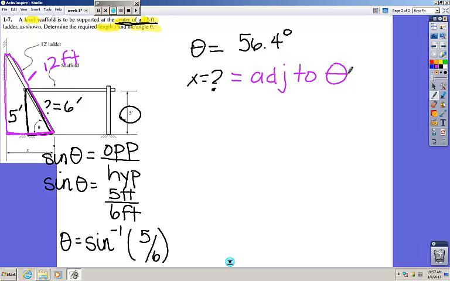So now I'm going to use the cosine of 56.4 is equal to the adjacent, which is x, divided by the hypotenuse, which is 12 feet, the whole ladder.